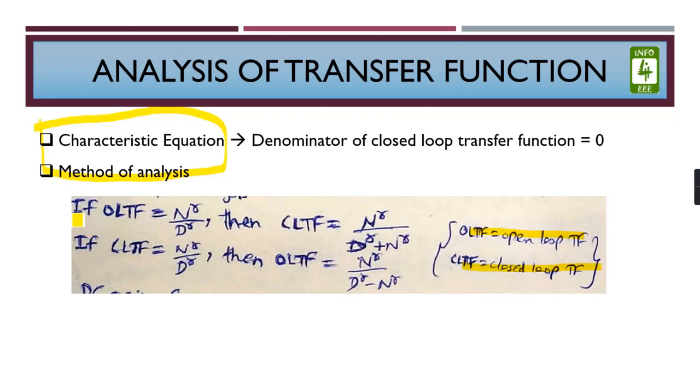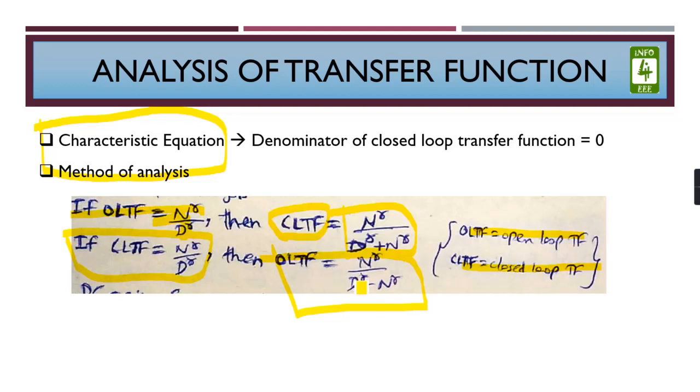So if OLTF is given to you as numerator divided by denominator, then its closed loop transfer function, for that OLTF, is given as numerator divided by denominator plus numerator. And if you have CLTF as numerator divided by denominator, then your OLTF will be given as numerator divided by denominator minus numerator.